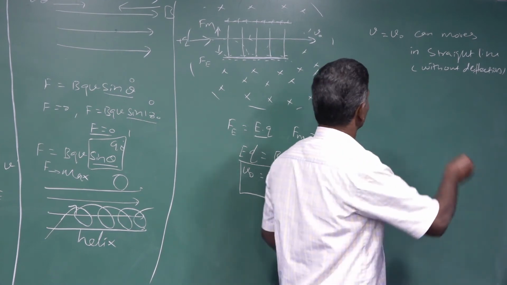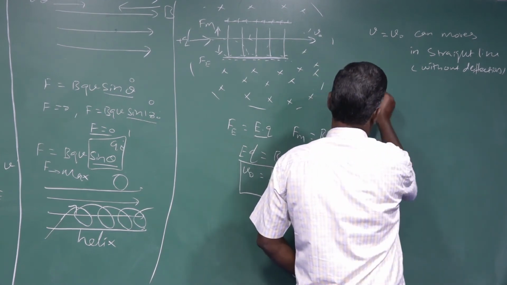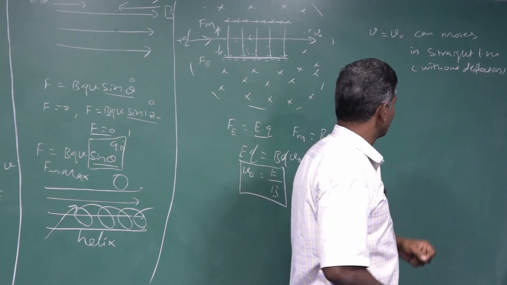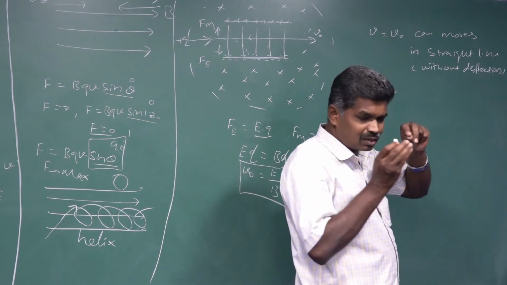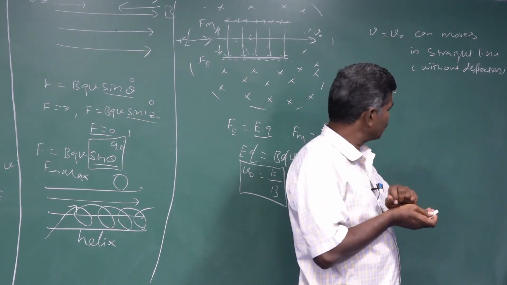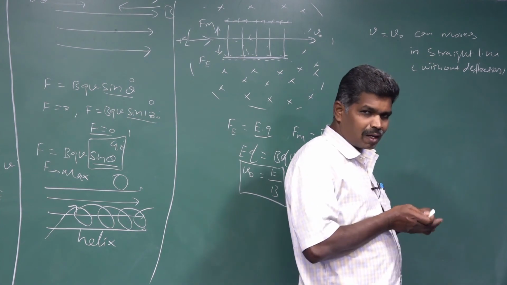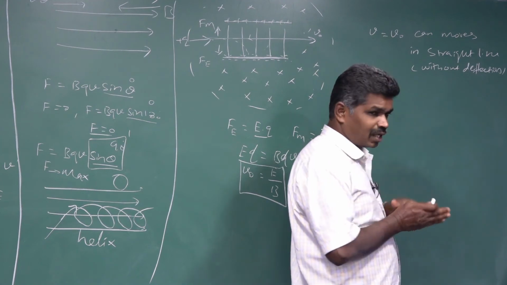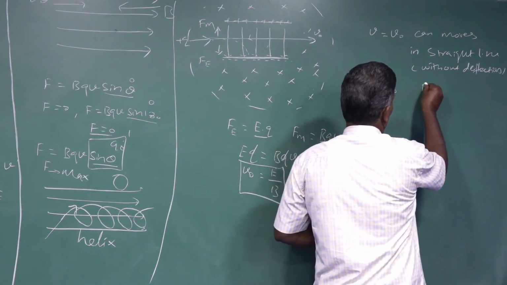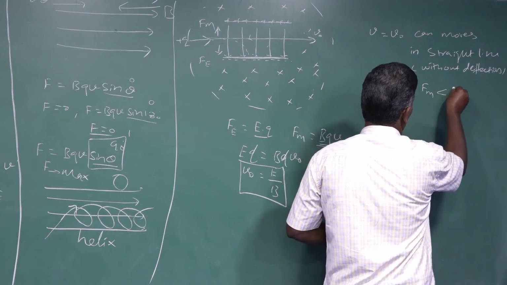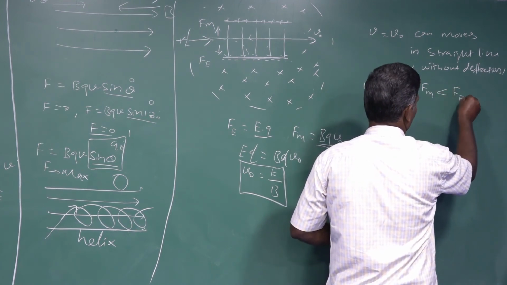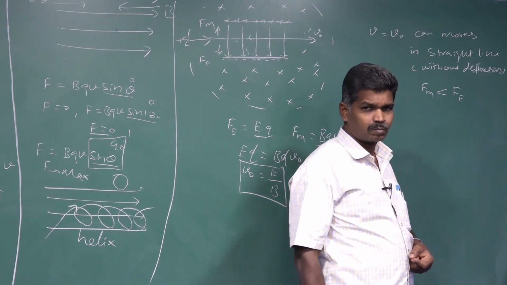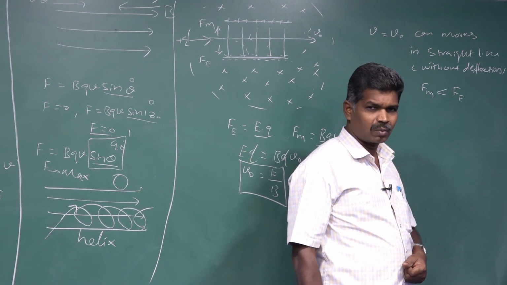Another condition: V is less than V0. If V equals V0, we have the condition that electric force is equal to magnetic force. If V is less than V0, the magnetic force is less than the electric force. Which one is dominated here? Electric force, Coulomb's electric force, is dominated.